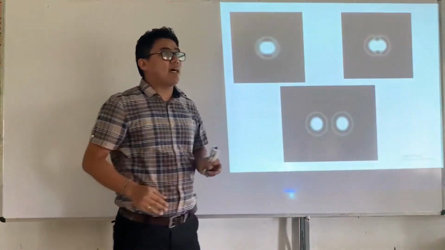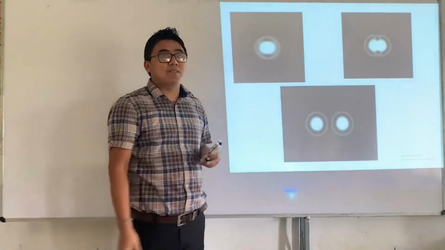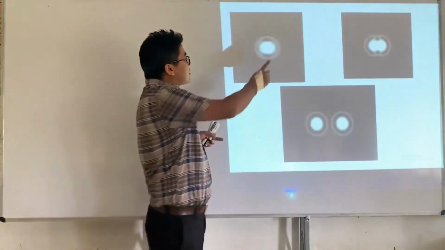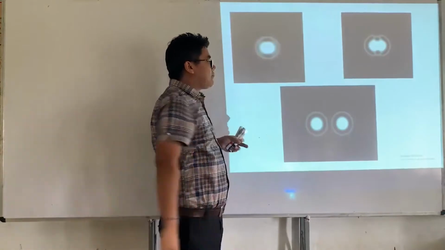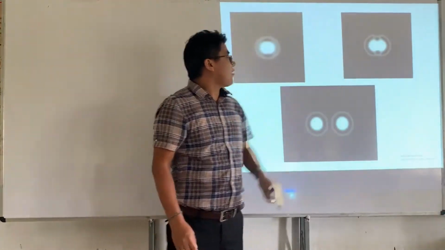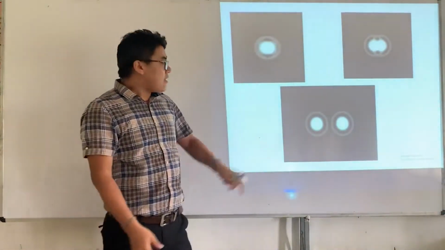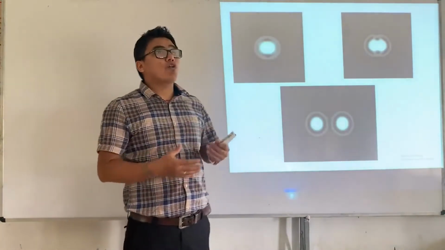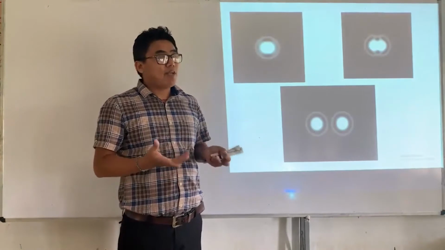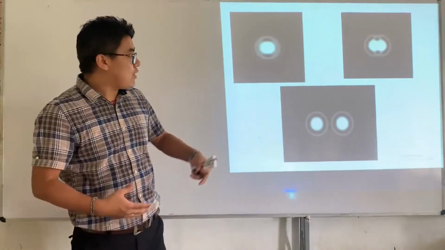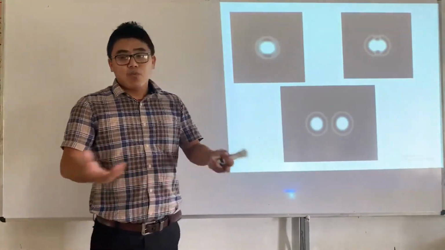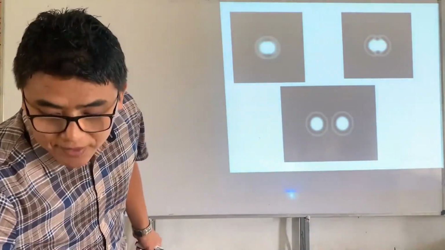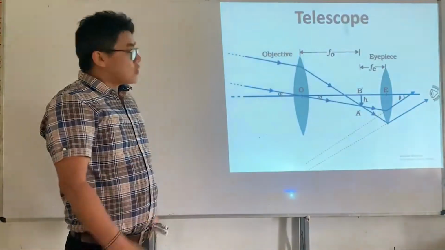All three pictures are pictures of the same star. The difference is that we use the naked eye, a telescope, and a telescope with better resolving power. That is all because of resolving power.